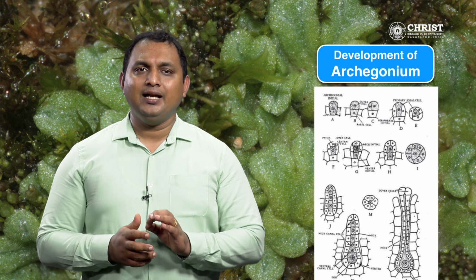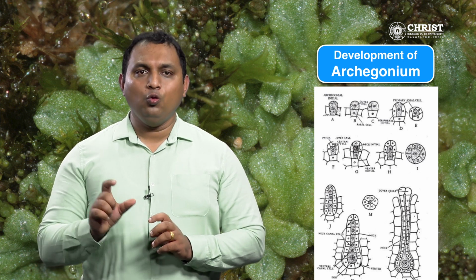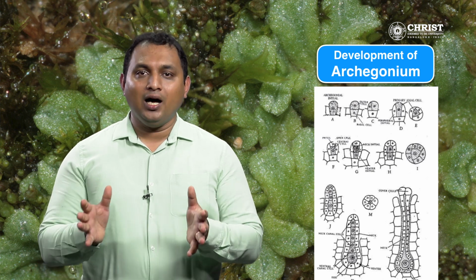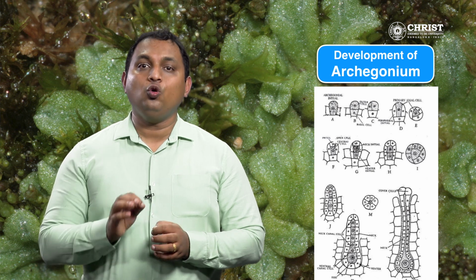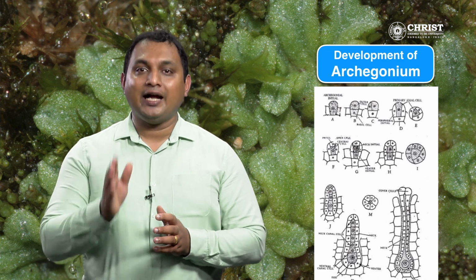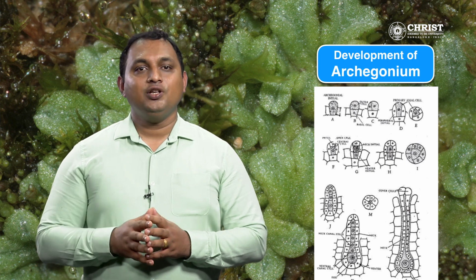Primary venter cell divides only once and forms a small venter canal cell and a large egg. The primary cover cell divides by 2 vertical divisions at right angles to one another, forming 4 cover cells which form the mouth of the archegonium.